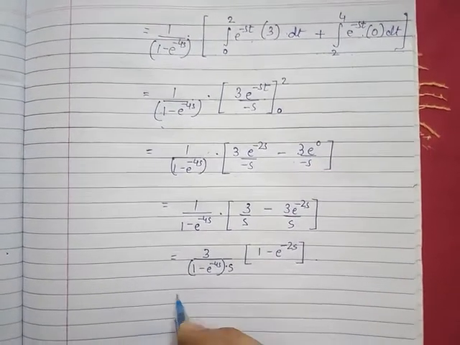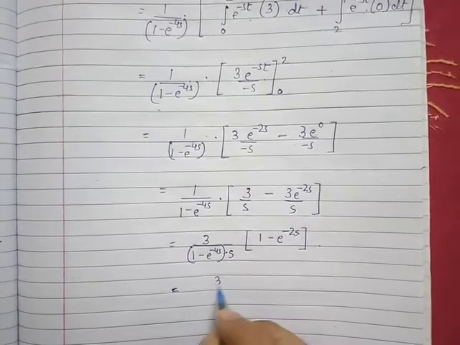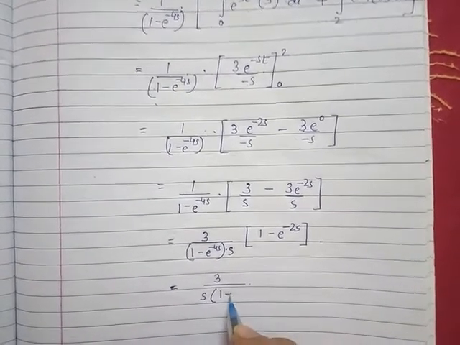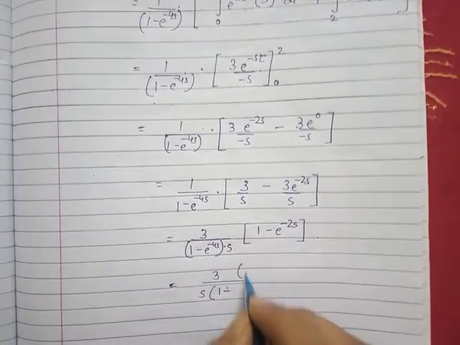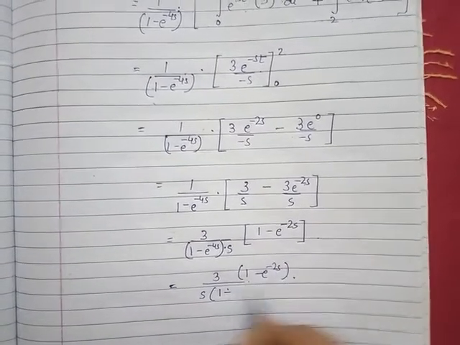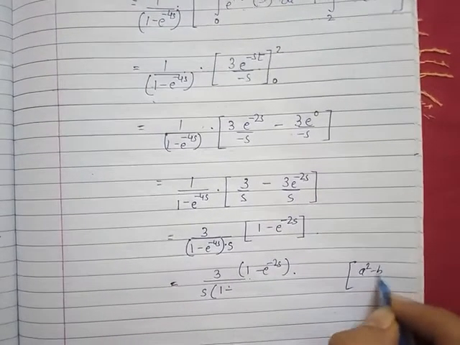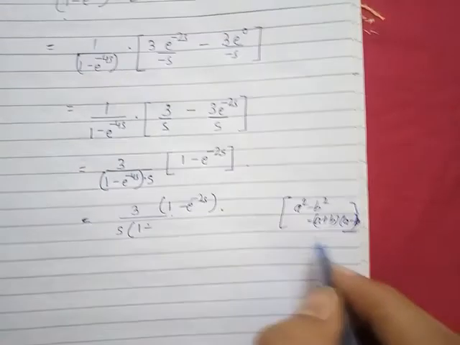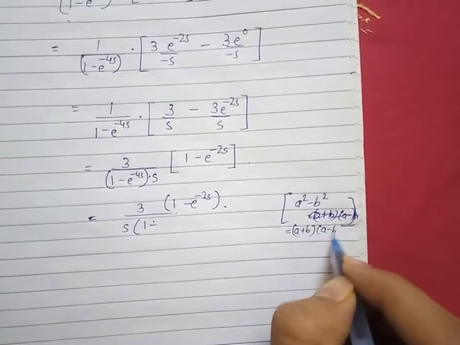So this will be 3 upon s, 1 minus e raised to minus 2s over 1 minus e raised to minus 4s, and I am using here a square minus b square is equal to a plus b, a minus b.